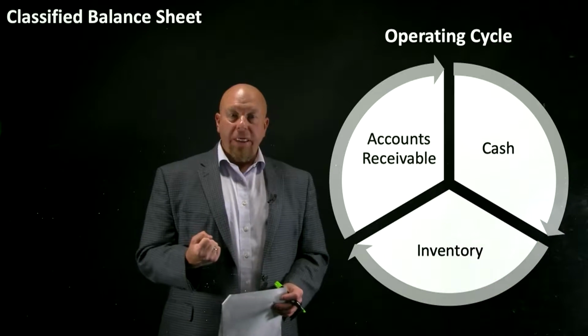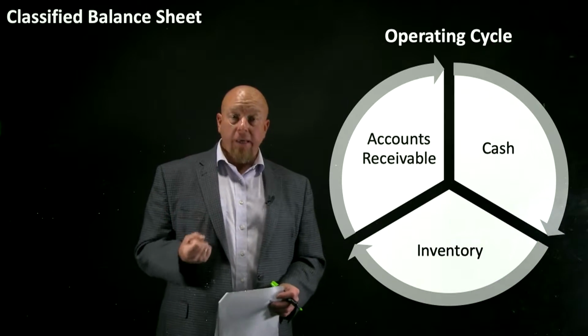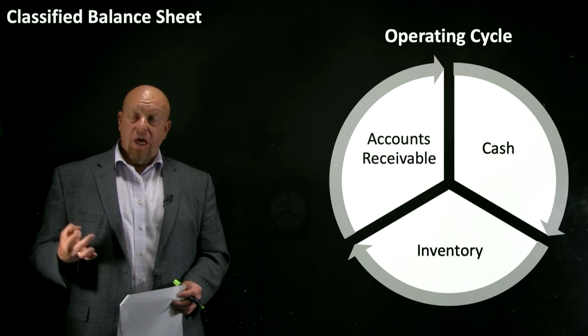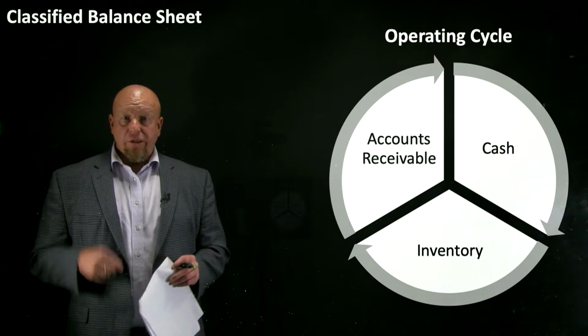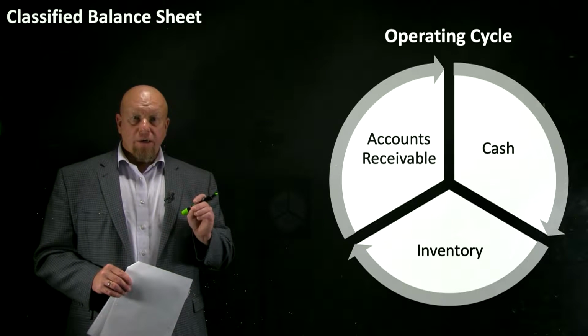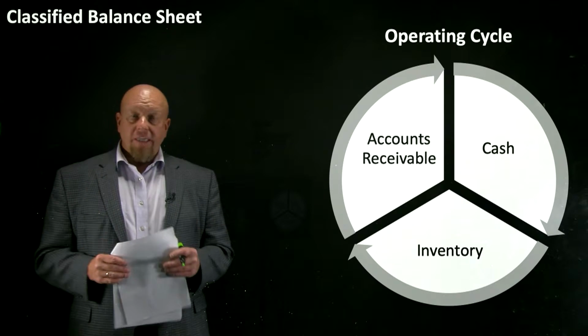We know the operating cycle is an important concept because it helps us determine which assets are current and which are non-current, and which liabilities are current and non-current. An asset or a liability is current. Well, let's start with assets.